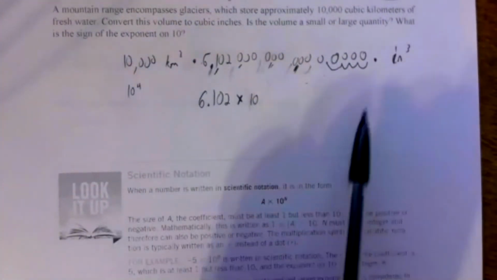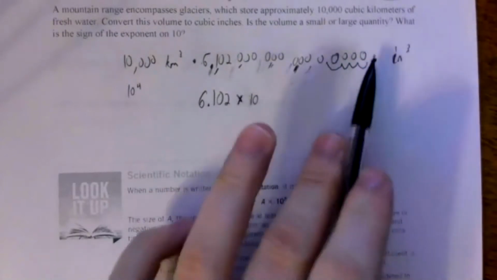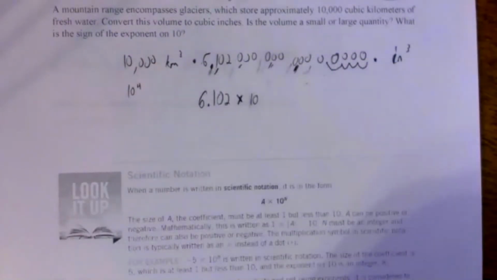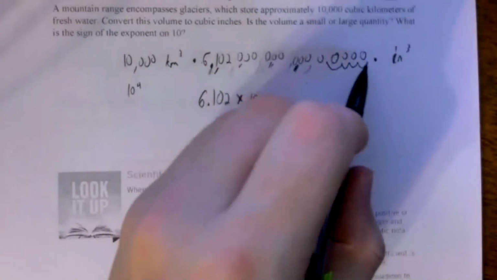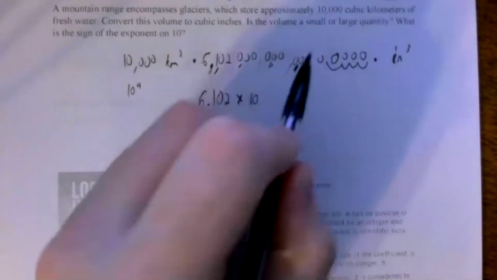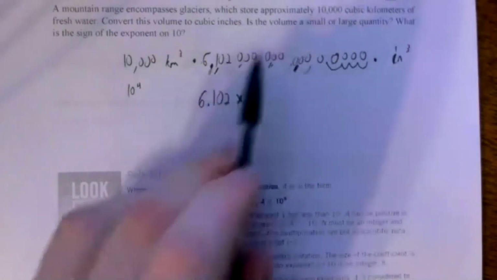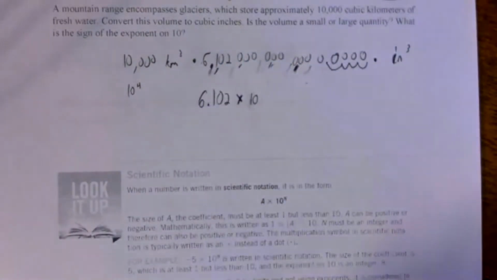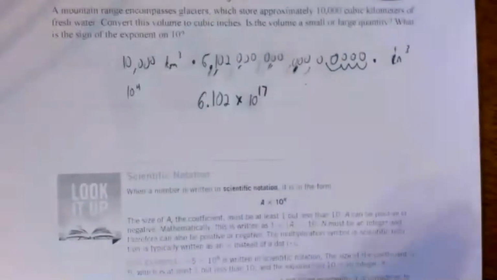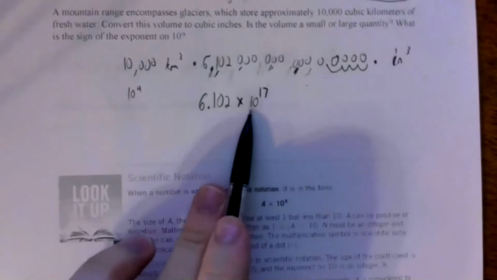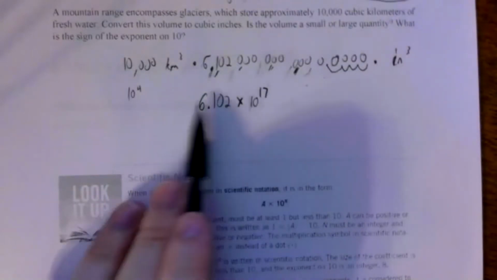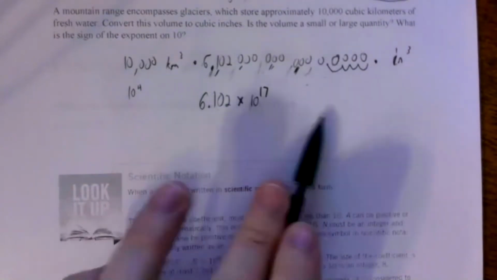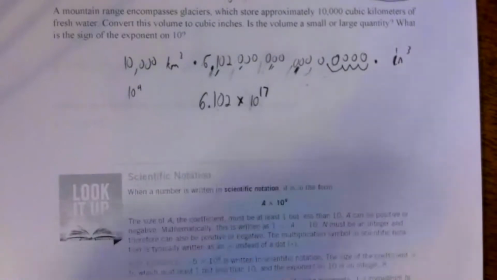To find out what that exponent is, I just have to see how many times I moved that decimal place: 1, 2, 3, 4, 5, 6, 7, 8, 9, 10, 11, 12, 13, 14, 15, 16, 17. So I moved that decimal place 17 times, so this should be to the 17th power. And multiplying out that 10 to the 17th is the same as moving this decimal place to the right 17 places.